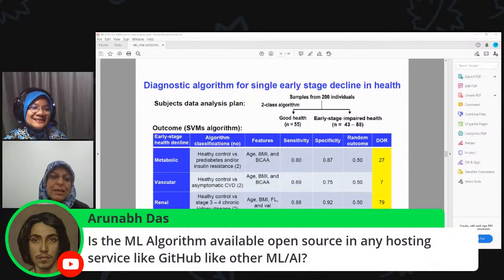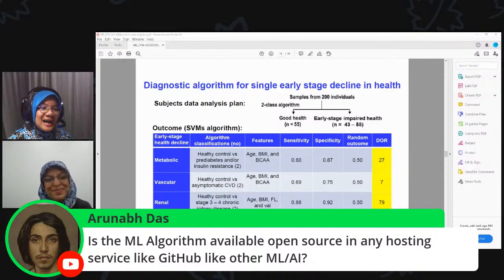So that is the idea. We will have software where you can put in the features which I mentioned, and after a blood test and measuring those, it will give you the probability of whether the person has the condition or not. So yes, software is required. Noma, any suggestion on that?